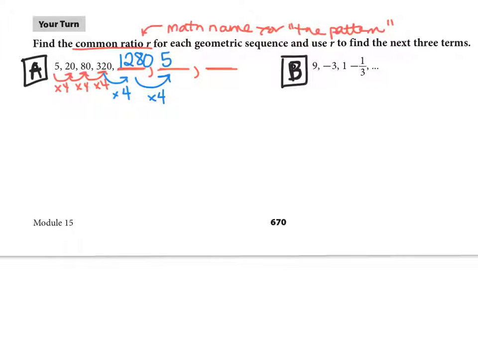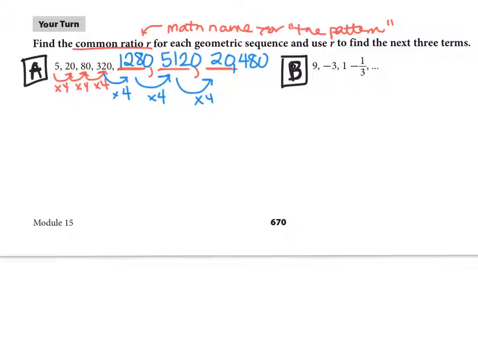This time I got 5,120. And if I do that one more time, I'm going to get 20,480. All we're doing is figuring out the pattern and keeping it going. Pause the video, see what you can come up with for B, and we'll talk about it in just a minute.